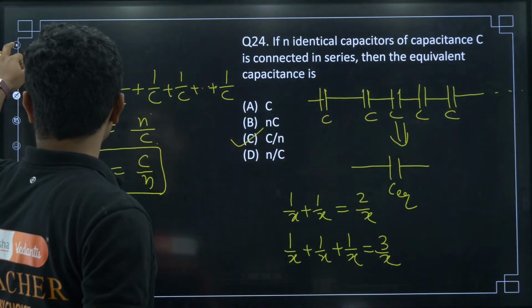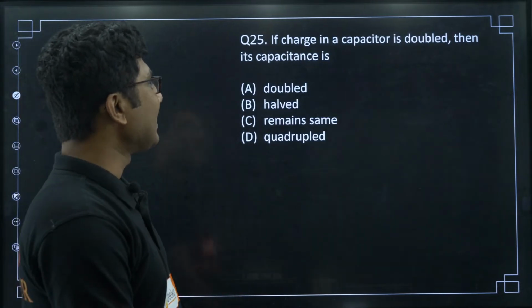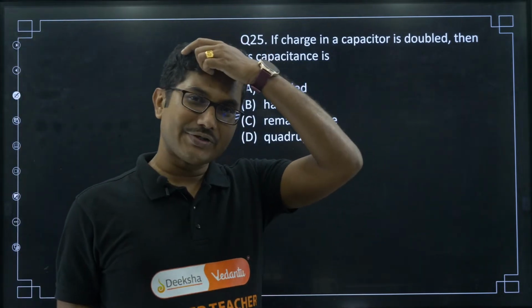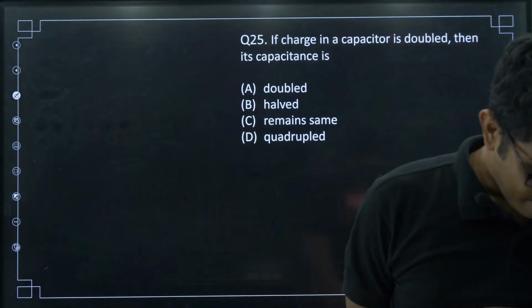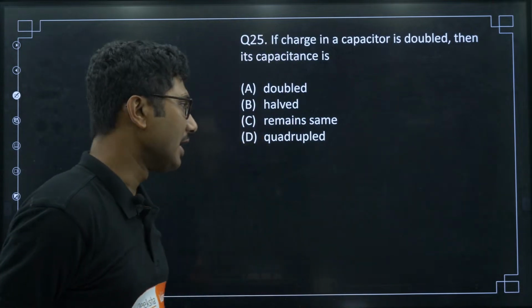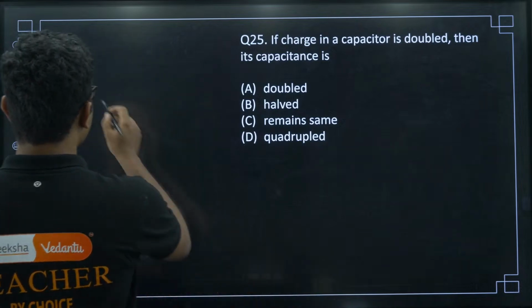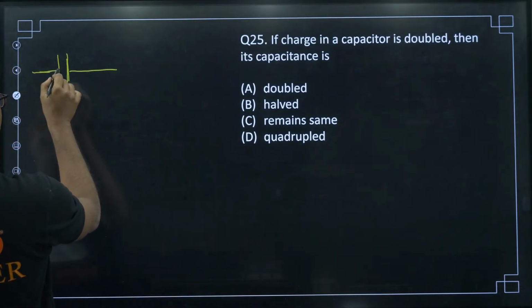Now, let us see the next question 25. If a charge in a capacitor is doubled, then the capacitance is... easy question, right. Yes, Varija, for parallel combination it will be NC. If they ask you in the previous question that there are n capacitors in parallel, this can also possibly be asked.